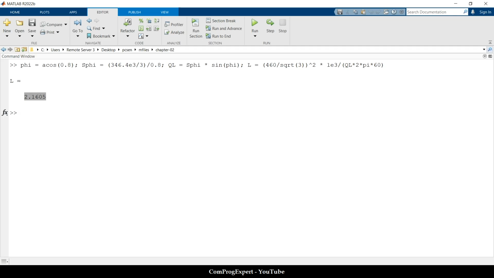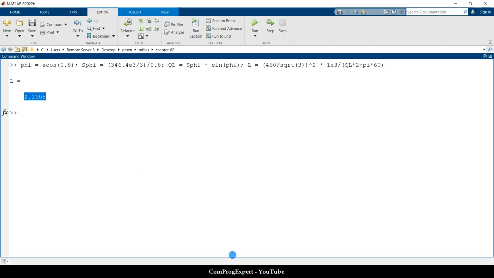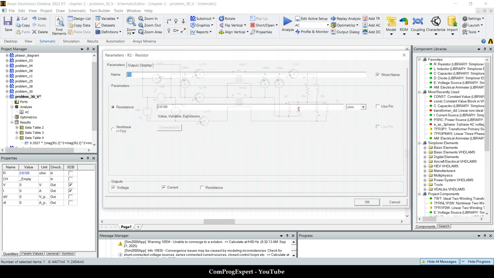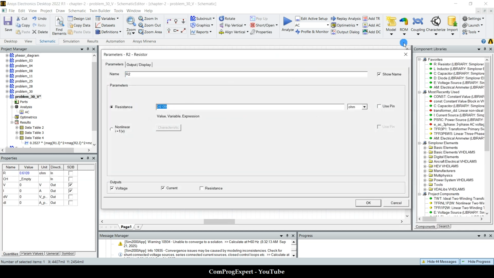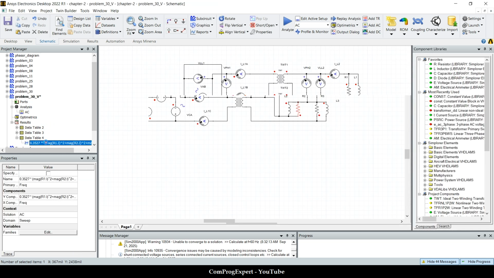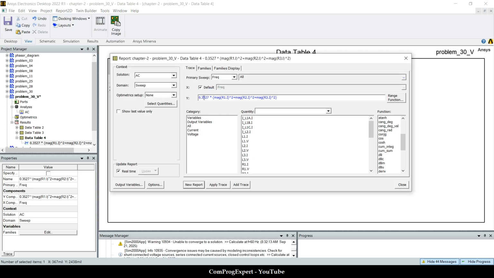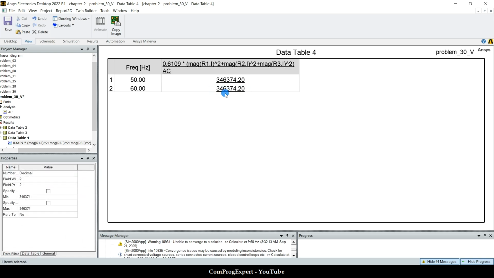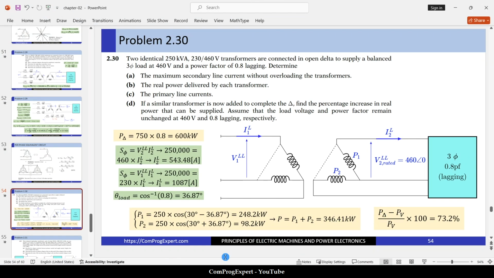We should use the new value of the resistance. Yes, this is the new value of the resistance. So if I change this number, this is the active power, 346 kilowatts, the same number that we have here.